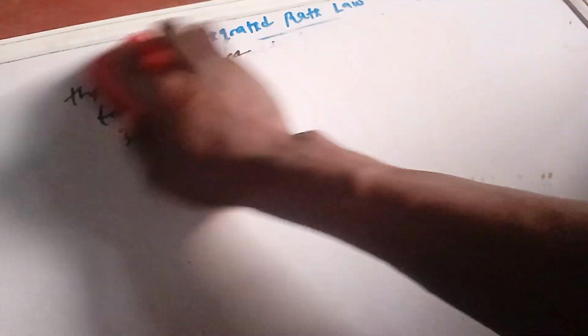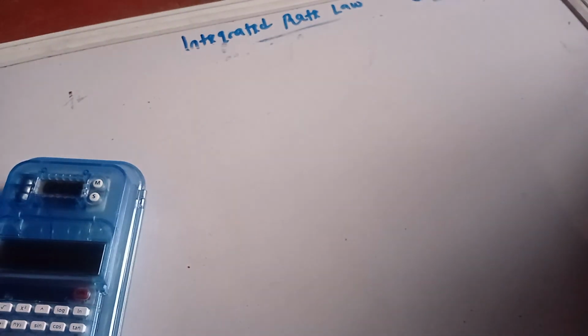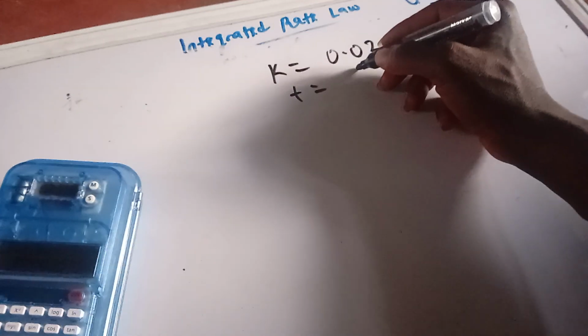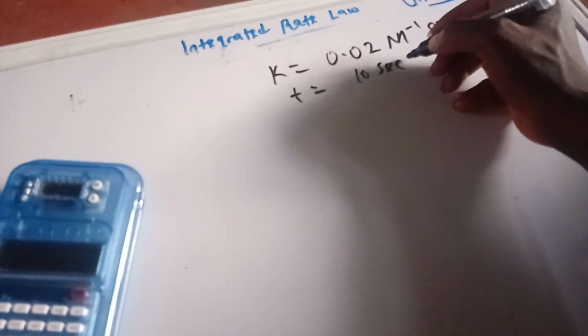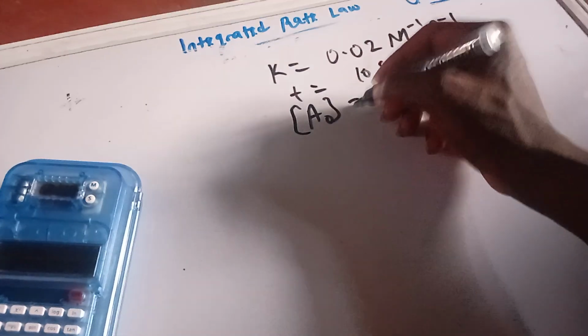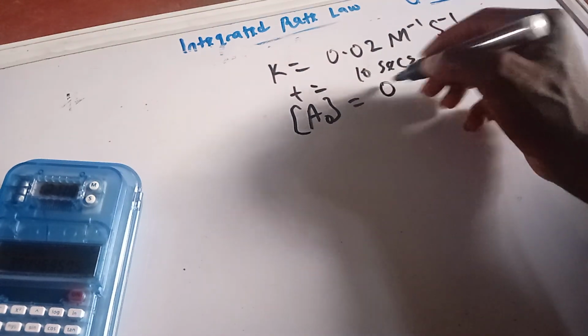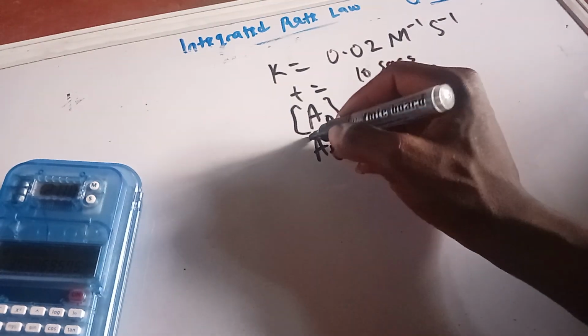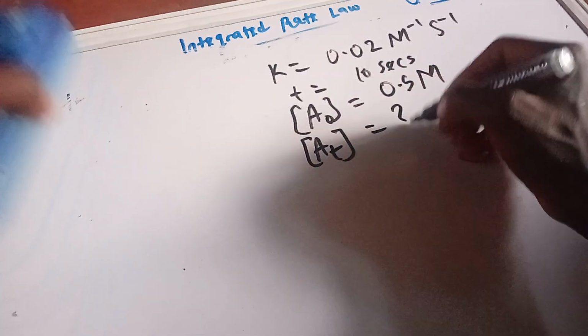Now for second order, let me just say k equals 0.02 per M per s. Yes, this is the unit for second order. And our t equals 10 seconds, and our initial concentration equals 0.5 mol per dm cube, and we are asked to find the concentration at a particular time t.